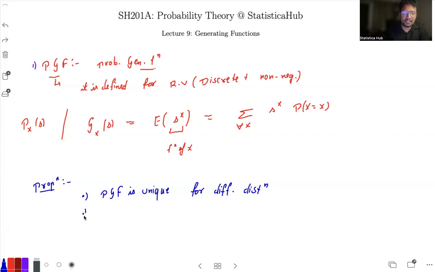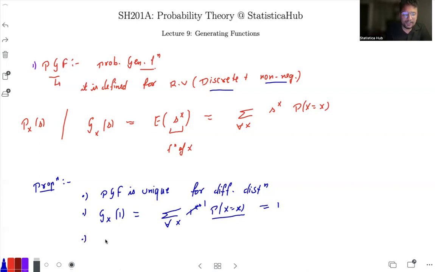The second property: if you go for G_X(1), that is the summation over all values of x of 1 raised to the power x times the probability that X equals x. This random variable X is discrete and non-negative, so this is the summation of probabilities, which always comes out to be 1. Just remember that if you take s to be 1, the probability generating function takes the value 1 only.